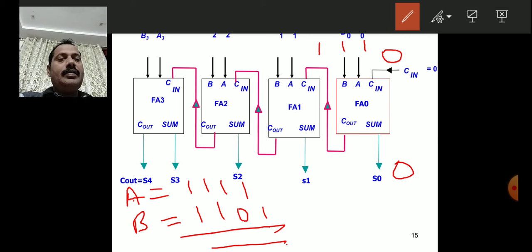Here A1 B0 is 1 0, 1 0. So 1 plus 0 plus 1 is 1.